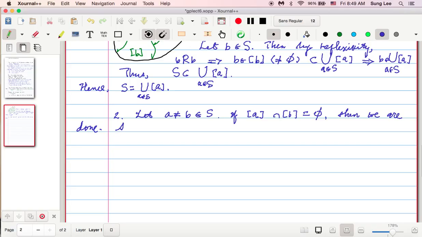So now suppose otherwise. What that means is we assume that this is not empty.